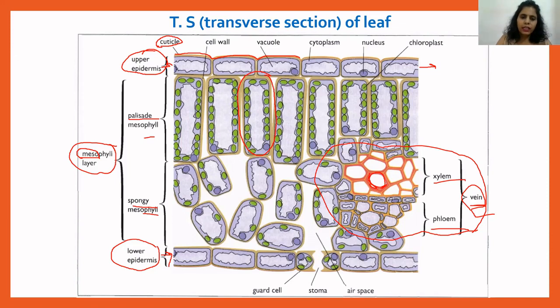Now if you look at each cell of this transverse section of the leaf, every cell has all the parts: cell wall, cell membrane, cytoplasm, vacuole, nucleus, and all other cell organelles, except one cell organelle, that is chloroplast.